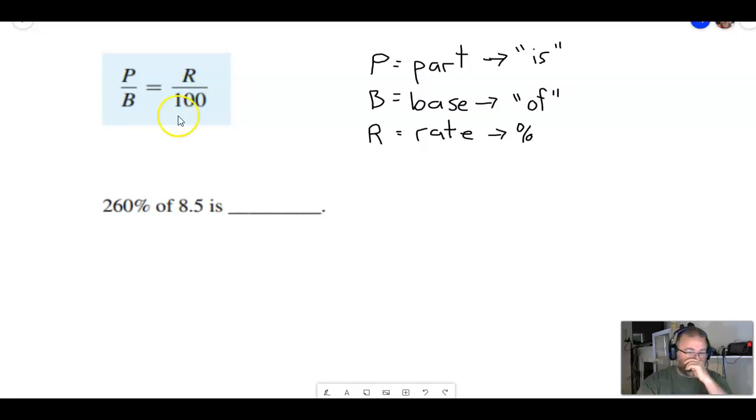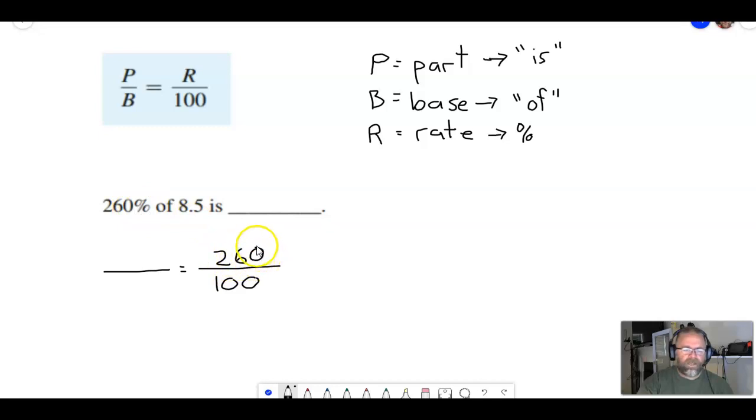All right, this time we'll write out our proportion: P over B equals R over 100. Remember, this is always going to be the same starting proportion, and the 260 has the percent next to it, so we know the 260 goes where the R goes.